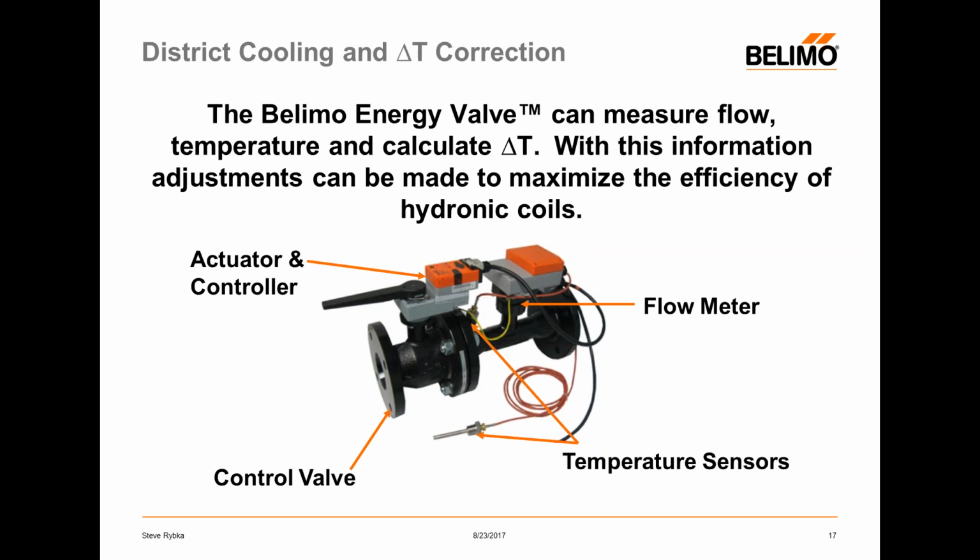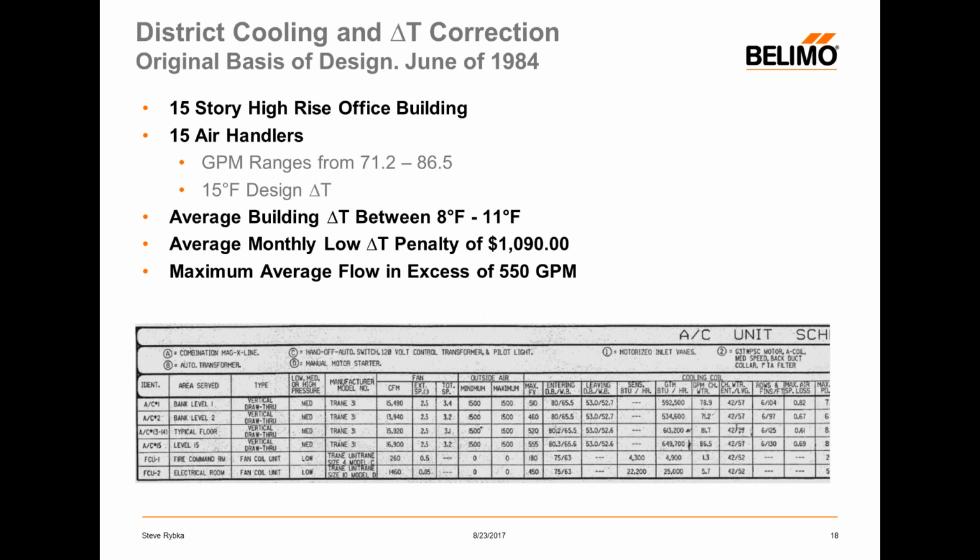So some years ago, we did a little installation at a building in Tennessee. It was a very basic building, a stacked commercial office building, 15 stories with 15 air handlers. The flows ranged anywhere from 71, 72 gallons per minute up to about 86.5 gallons per minute.